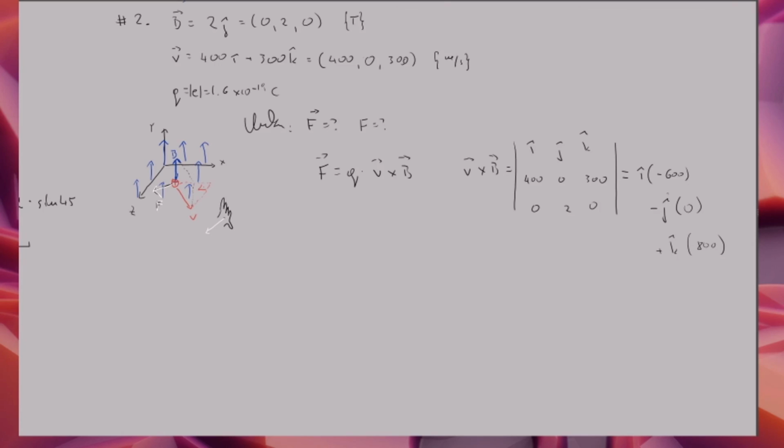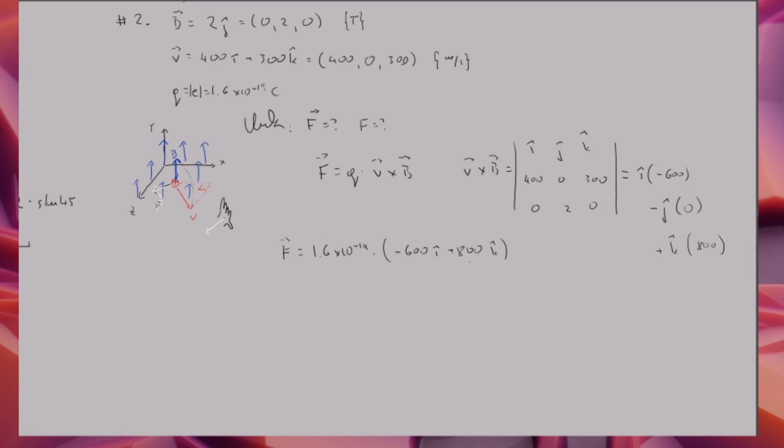So in other words, what I get for the force F is F equals the charge of a proton, 1.6 times 10 to the minus 19th, times the cross product, and that came out to be minus 600 i hat plus 800 k hat.